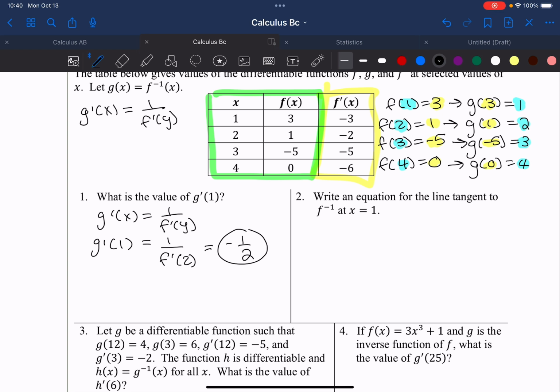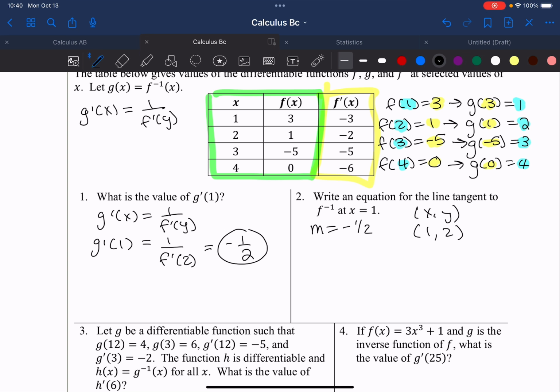It says write an equation for the line tangent to the inverse of f at x equals 1. We already know that our slope is negative 1/2, and our point x comma y is going to be 1 comma 2.